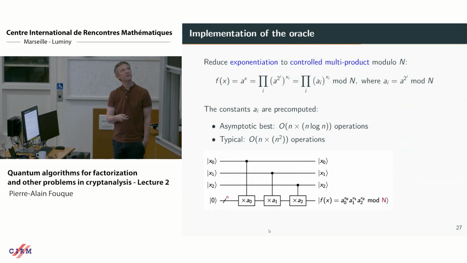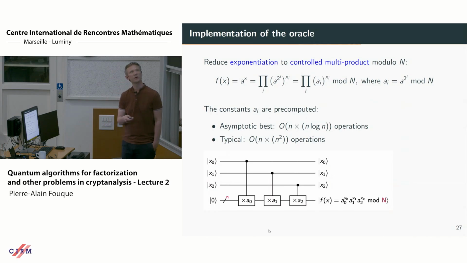So a to some sum, I can replace it by the product over i of all of these terms. Here I call a to the 2 to the i mod n the value ai. So assume that we pre-compute all of these values. There are not a lot of them.